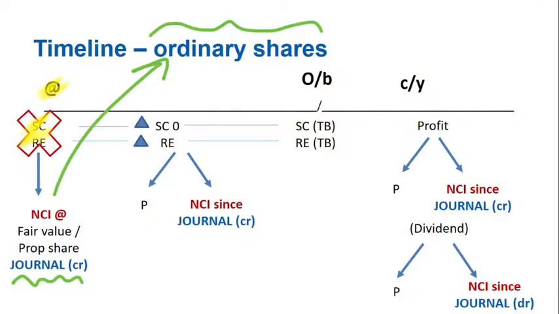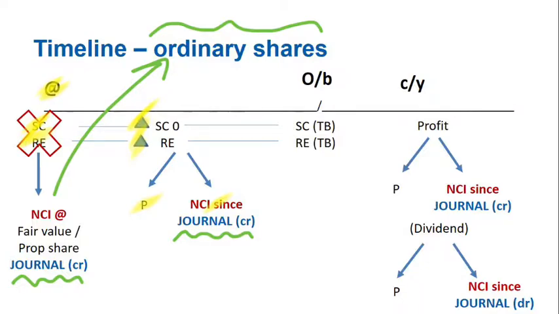Then we said we have to identify the since acquisition date movement in equity and attribute that to the parent and NCI. For the portion that we've attributed to NCI, there was a journal entry, a credit to NCI, increasing their balance with this increase in equity of S, and the debit was retained earnings of S, where we've moved that amount from so that we can attribute that to NCI.